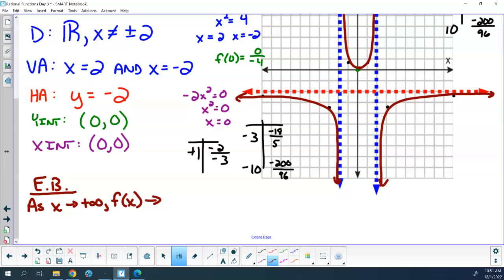Nope, that would be on top. -2 minus. -2 from below. As x is approaching negative infinity, my function is approaching -2 from below again, yeah?